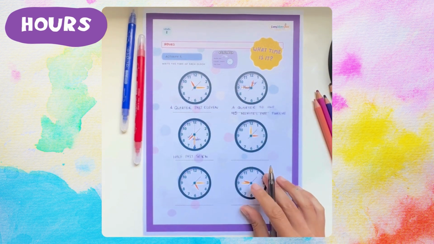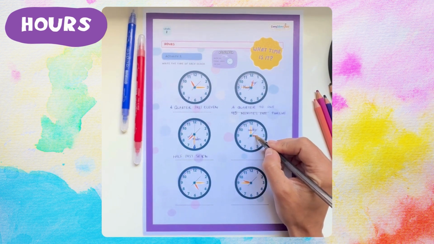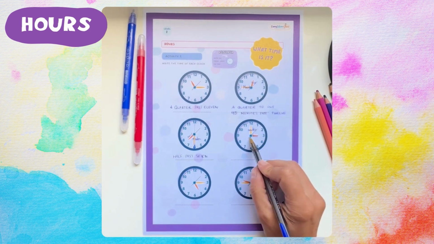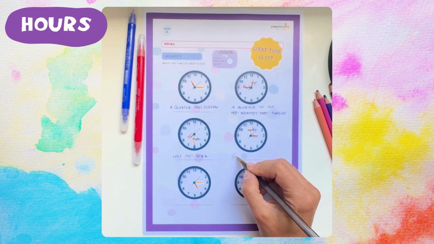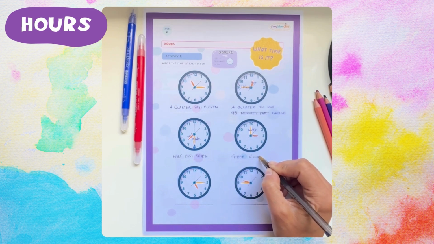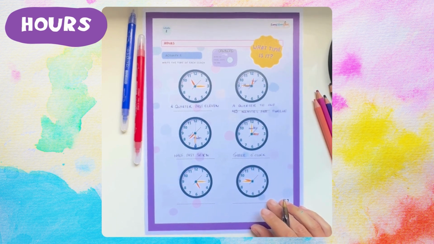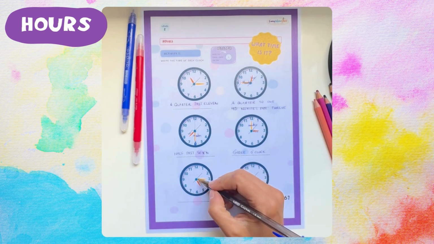All right, let's go for the number 4. Longest points the minutes, shortest points the hour. 3 o'clock. That's it. This is very, very easy. 3 o'clock. Okay, well done. Now we go for the number 5.